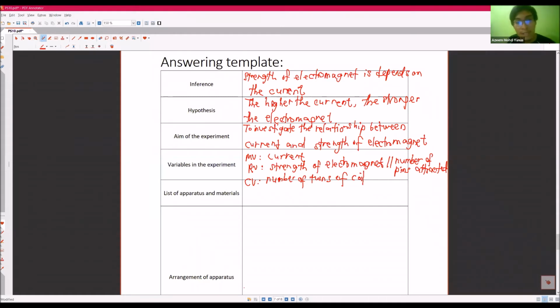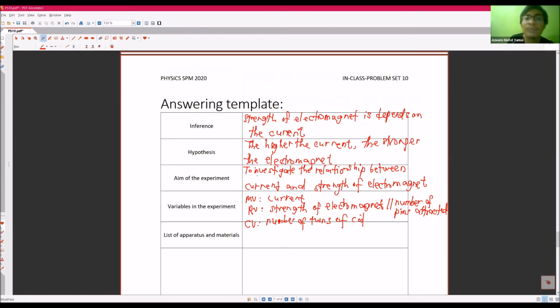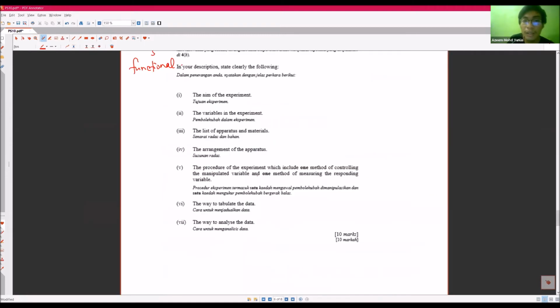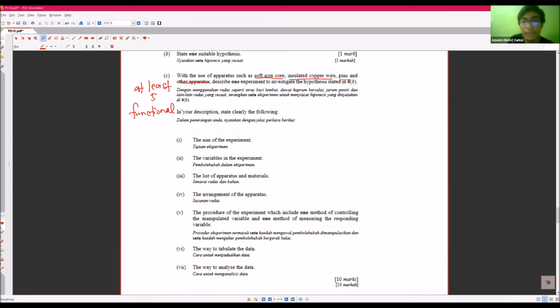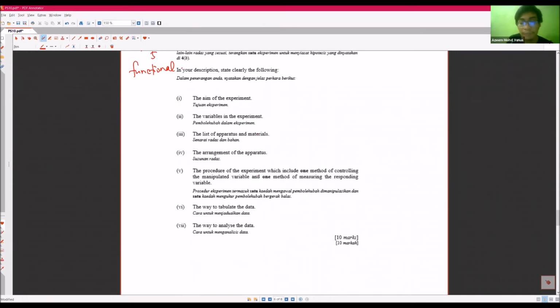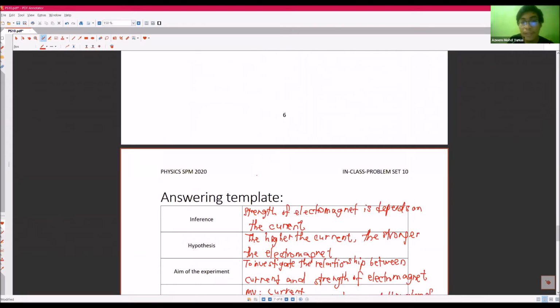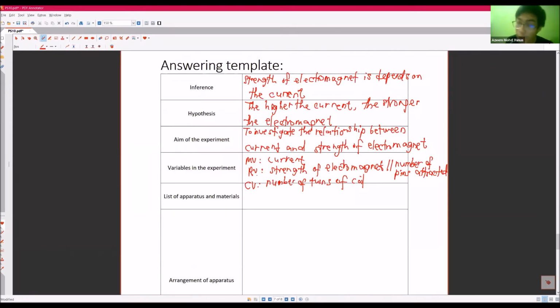For the list of apparatus and materials, make sure that you list the given apparatus first, which is, let's check, soft iron core, insulated copper wire, pins. If the question asks you to use the soft iron core, then use soft iron core. But you can also replace soft iron core with an iron nail, a very big one.